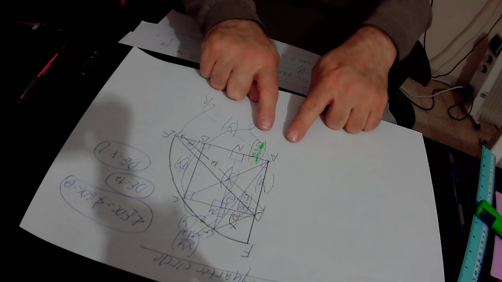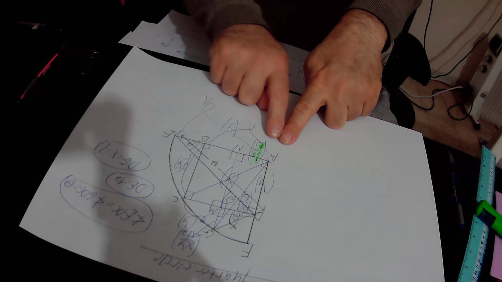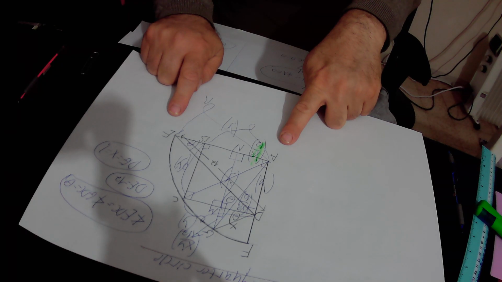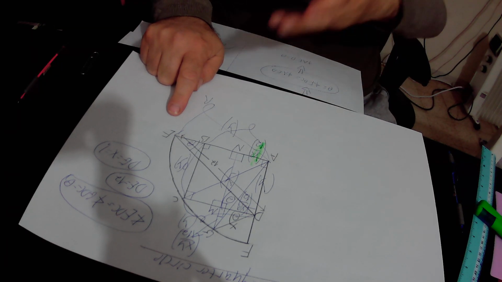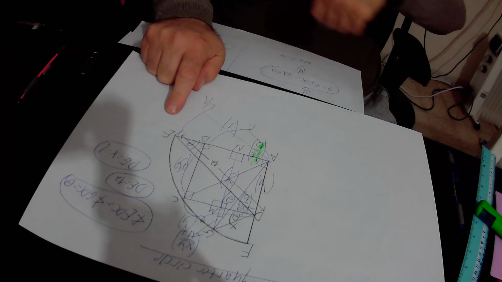We know that AB is part of AE. If part of a straight line is parallel to another straight line, then the straight line itself must also be parallel to the other straight line.